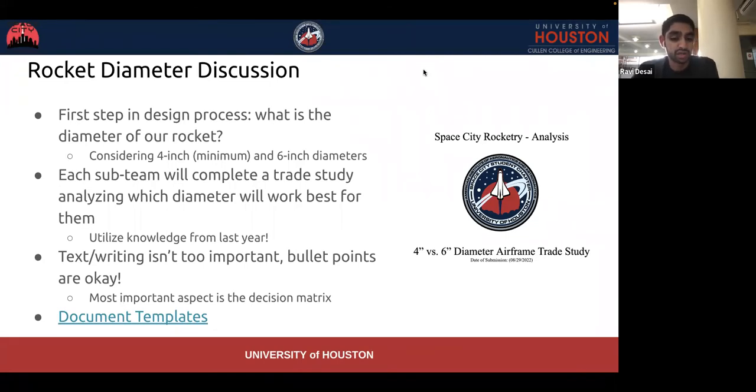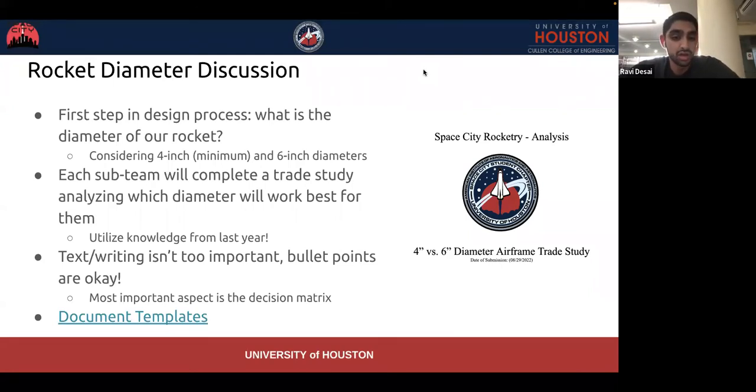The most important aspect is going to be the decision matrix. So make sure you spend most of your time actually looking at your decision, evaluating your options, and choosing the diameter that will best fit your sub-team and your sub-team's needs. One thing I forgot to add on here is the due date. It will be due next Monday, August 29th.